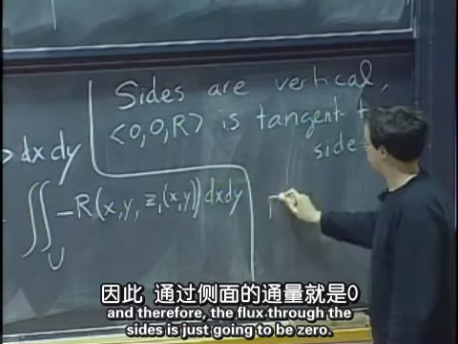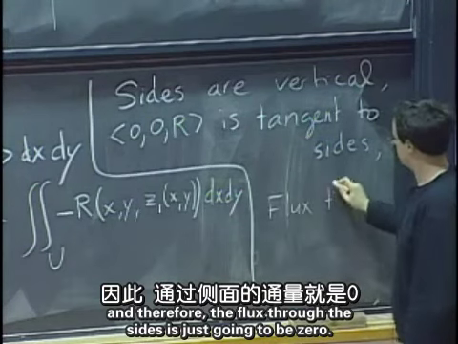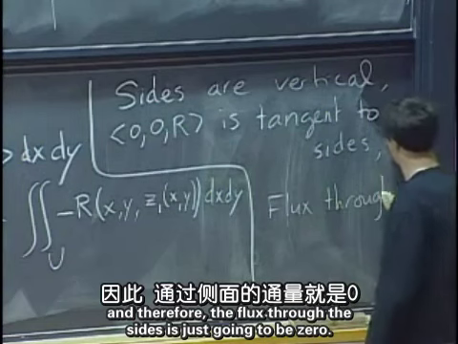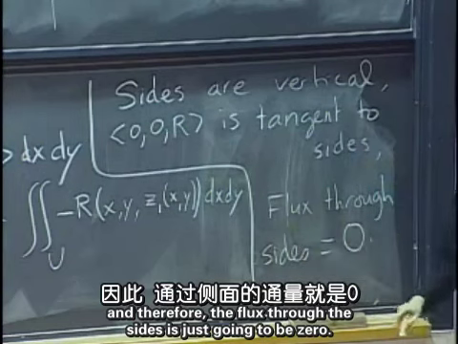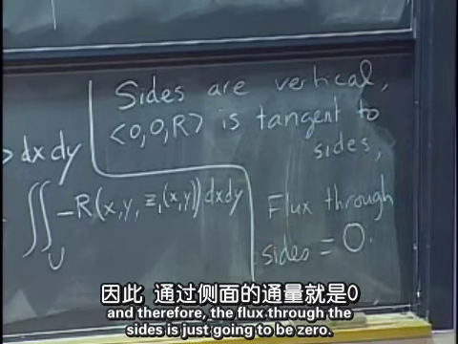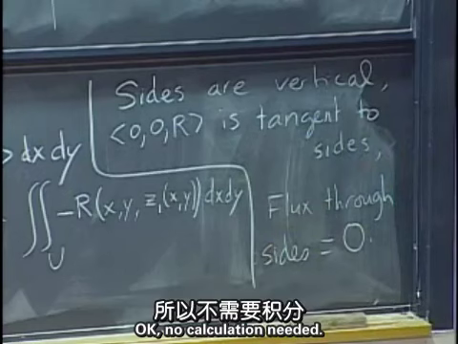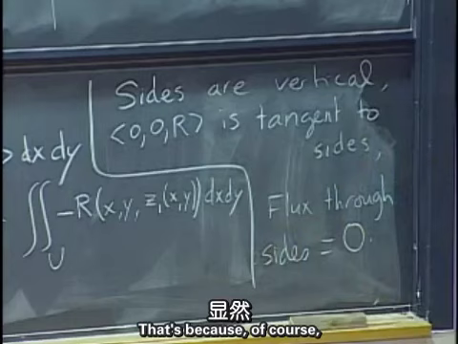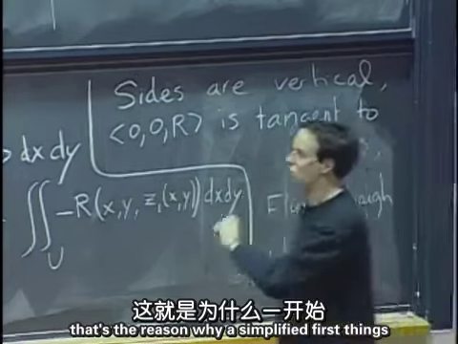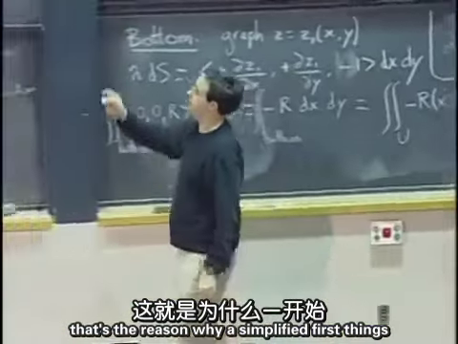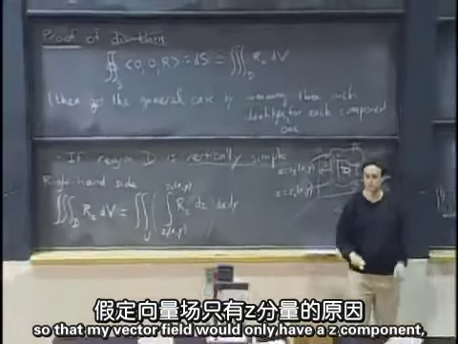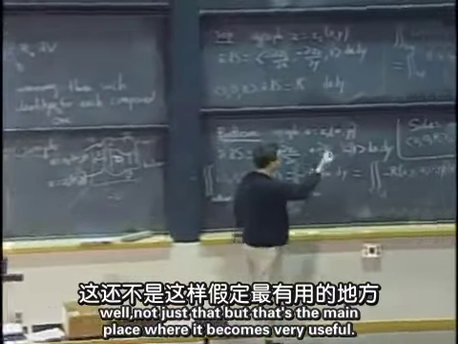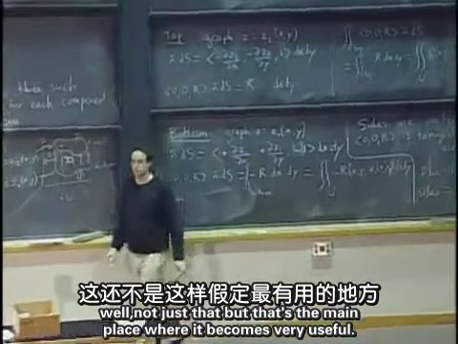And therefore, the flux through the sides is just going to be 0. Okay? No calculation needed. That's because, of course, that's the reason why I simplified first things so that my vector field would only have a z component. Well, not just that, but that's the main place where it becomes very useful.